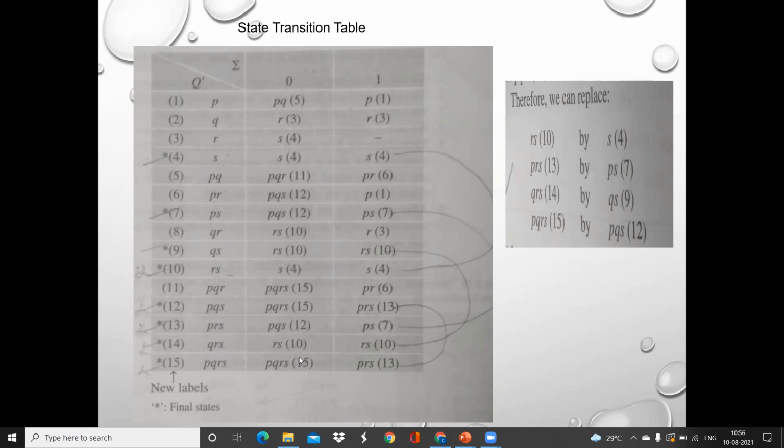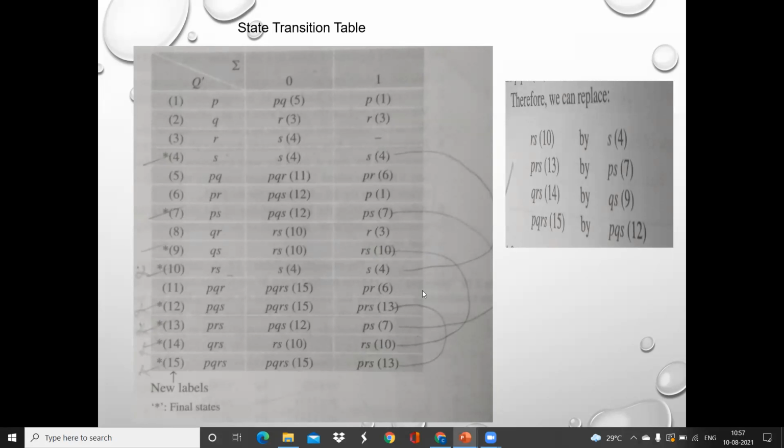Their transitions are the same and their type is also the same. Both are final states, so 12 and 15 are also equivalent states, and you can replace one with another.